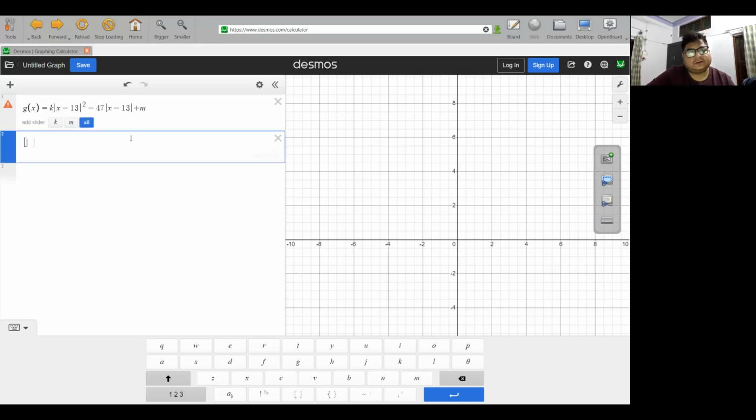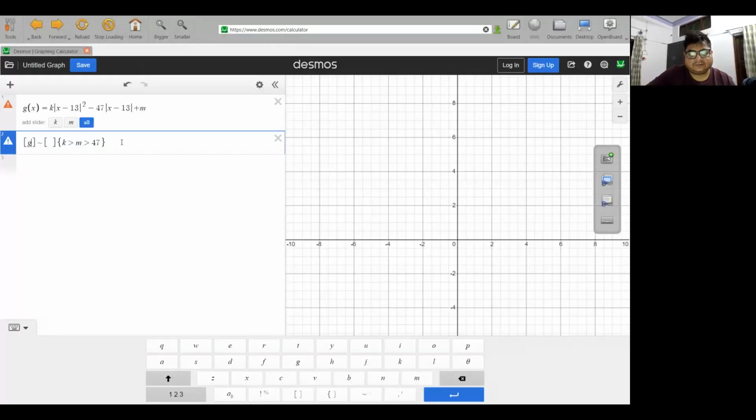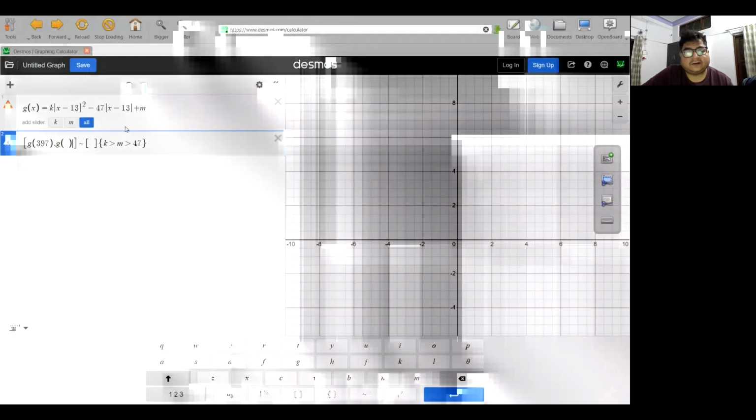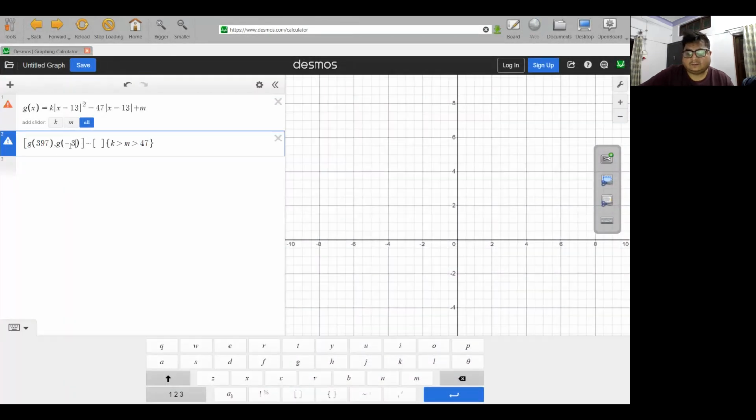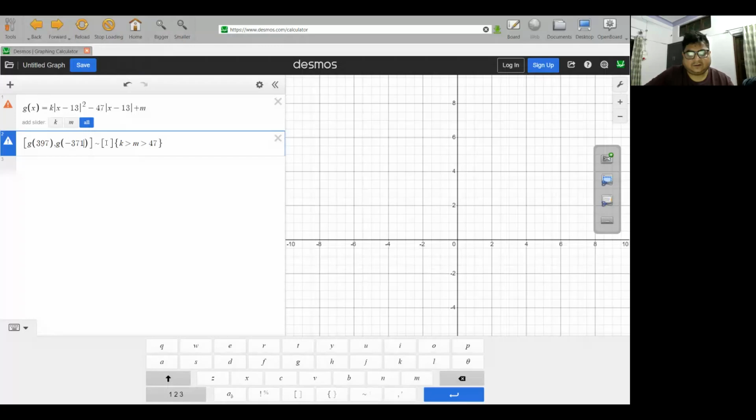Now we write the constraint k to m to 47, and here we'll write the left part of the equation, which is g of 397. We write g of 397 separated with a comma, g of another one we have minus 371. So I write minus 371 and is equal to a and b. So we can write a comma b here.